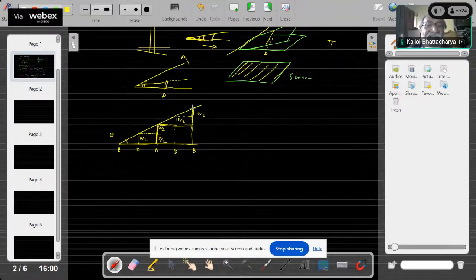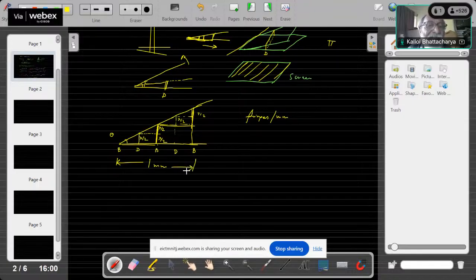So it is easy to say the fringe density if you know this distance. For example, you're asked to find the fringe density in terms of, let's say, fringes per millimeter. How many fringes will be there per millimeter? So what you do is take this as 1 millimeter.